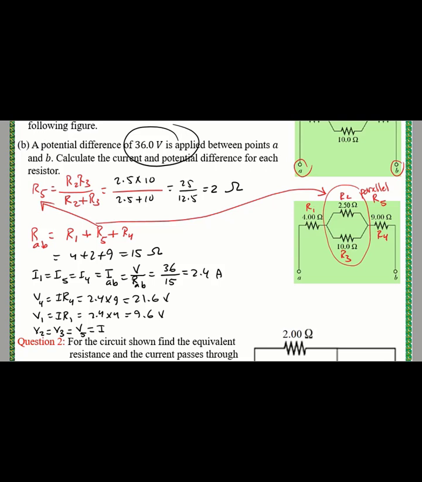So it is I times R5, 2.4 times 2, which is 4.8. Or you can simply find V2 and V3 by subtracting 21.6 plus 9.6 from 36, because they all add to 36 volts.